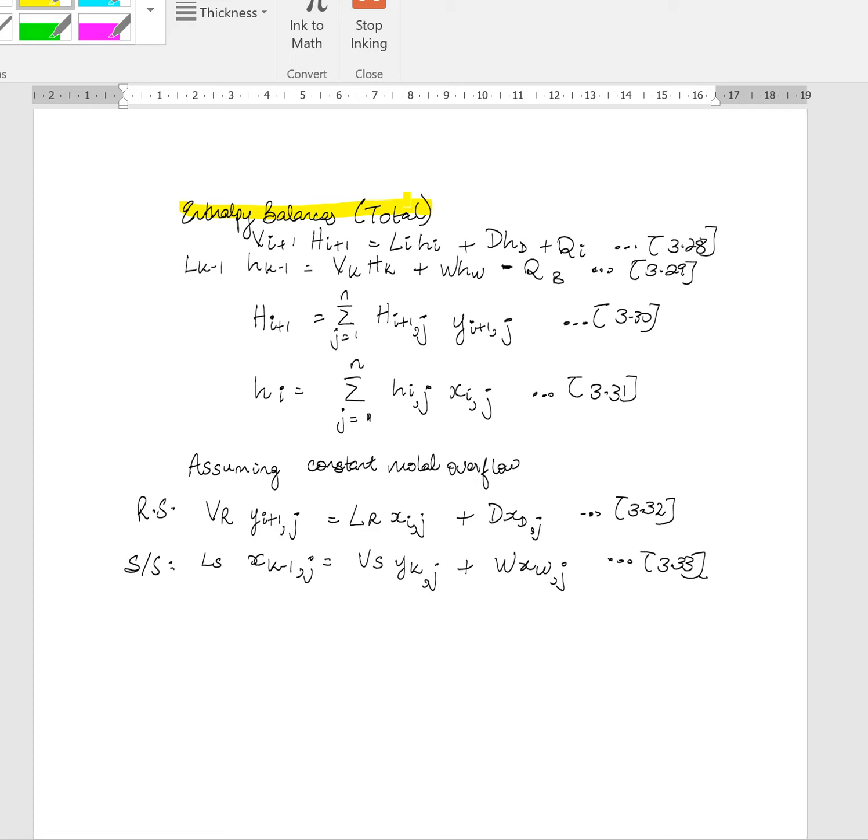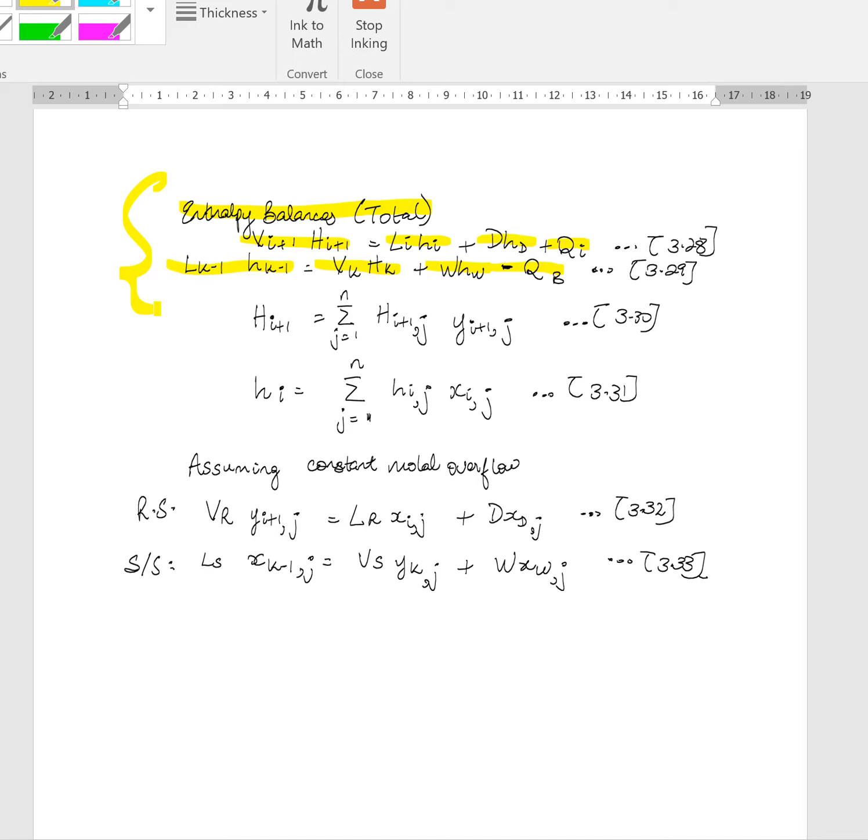And you would see then that for the rectifying section we have Vi plus 1 Hi plus 1 is equal to Li Hi plus D HD plus QC for the condenser. And in the stripping section it would be Lk minus 1 Hk minus 1 is equal to Vk Hk plus W HW minus QB. The enthalpies in these equations are total enthalpies. In other words, they are enthalpies quoted for gas and liquid mixtures.